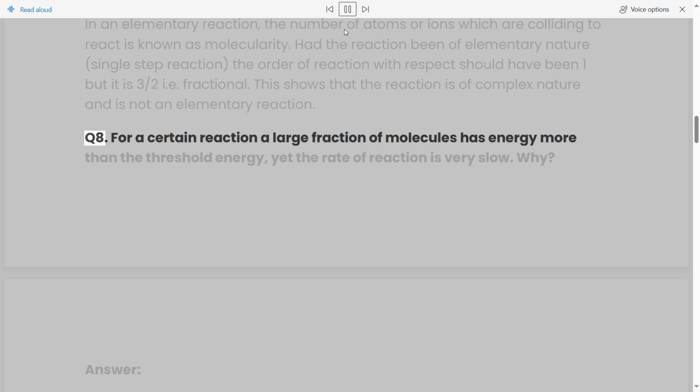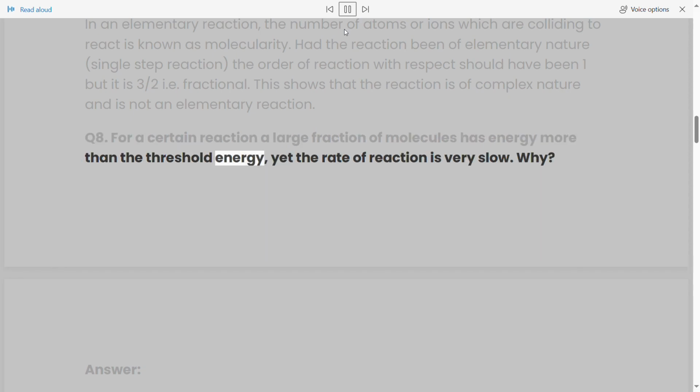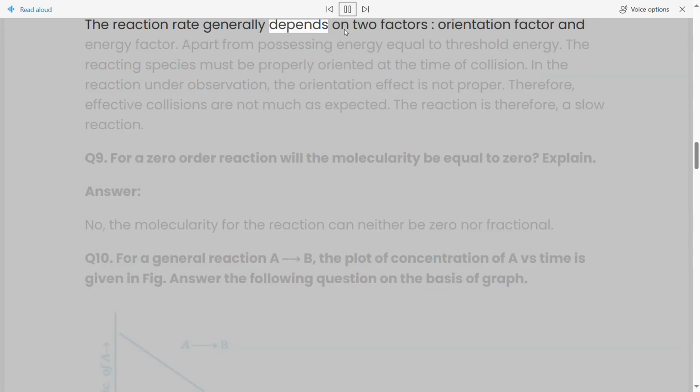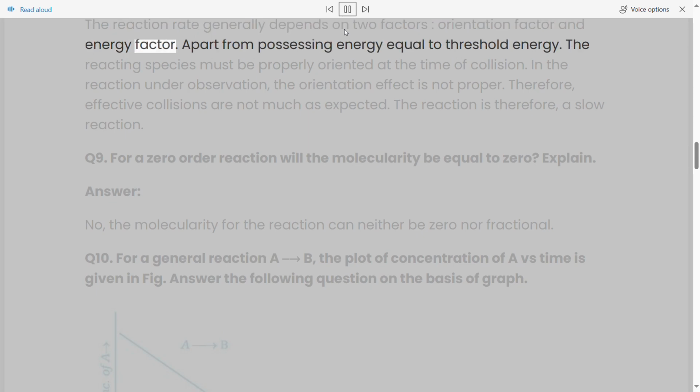Q8. For a certain reaction, a large fraction of molecules has energy more than the threshold energy, yet the rate of reaction is very slow. Why? Answer. The reaction rate generally depends on two factors, the orientation factor and the energy factor.